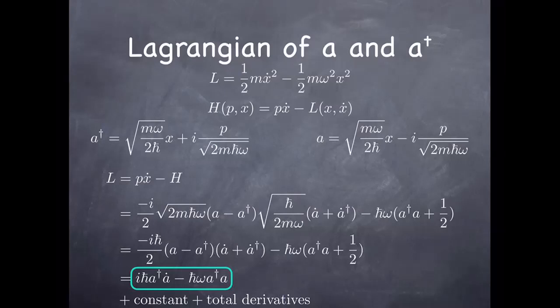What doesn't commute, and that's where I cheated, is between A dagger and A dot, or A and A dagger dot. So when I did the integration by parts to move this time derivative acting on A dagger to the time derivative acting on A instead, then I have A dot, A dagger, not A dagger, A dot. And these things don't commute.